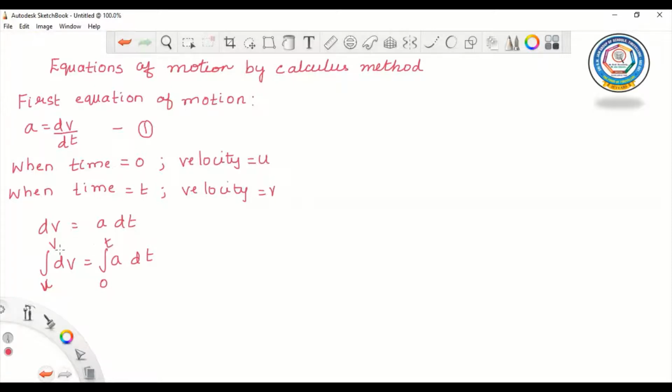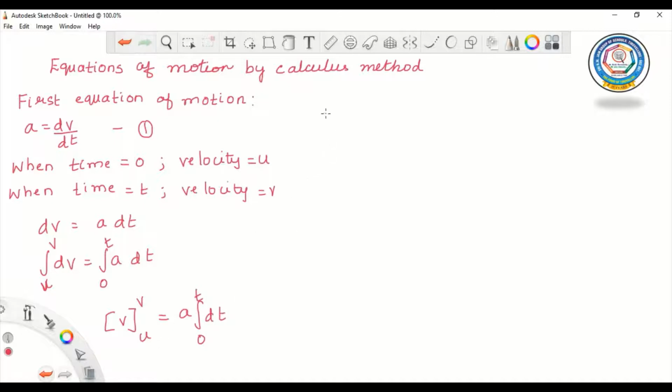When time is equal to t, velocity is v. So when we integrate this dv, we will get v between the limits u and v. And we cannot integrate a. A is a constant one. So integral 0 to t dt.